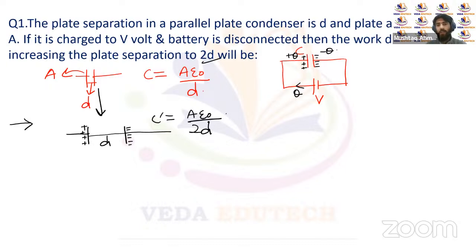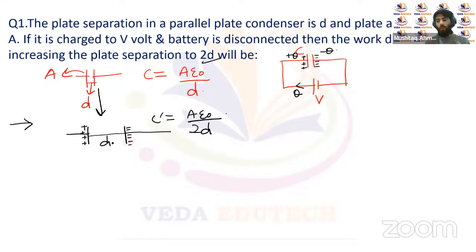But the question is asking us to find the work done. Now we can see why we need to do work to increase the separation between the two plates of this capacitor, right? You can see that this plate of the capacitor is positively charged and this plate is negatively charged, and these two plates are going to attract each other with some force, and what is going to happen is that the two plates of the capacitor will collide with each other, right?